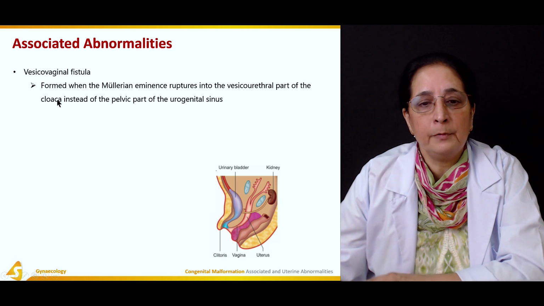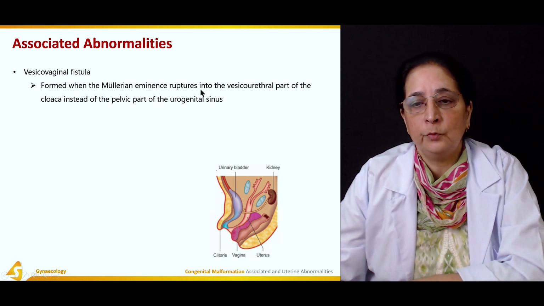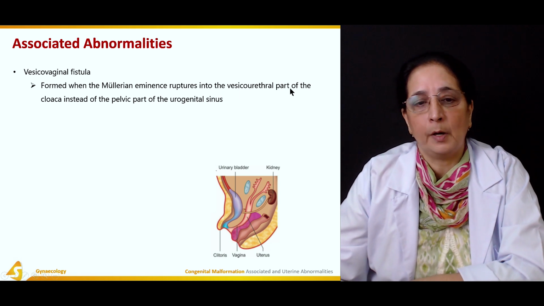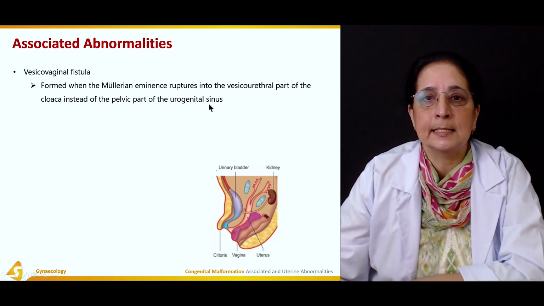So it is formed when the Mullerian eminence ruptures into the vesico-urethral part of the cloaca instead of the pelvic part of the urogenital sinus.